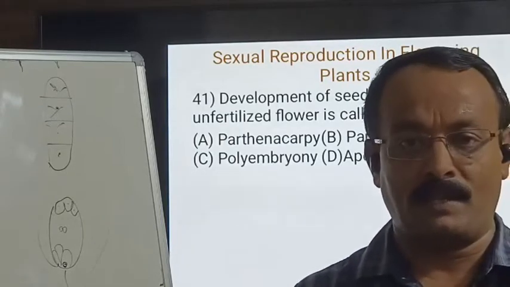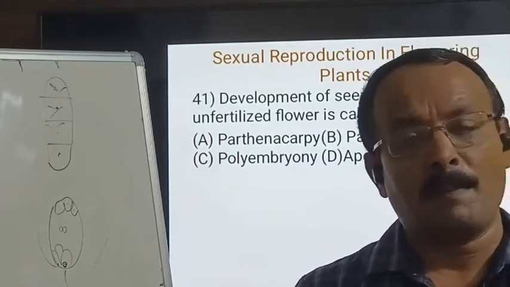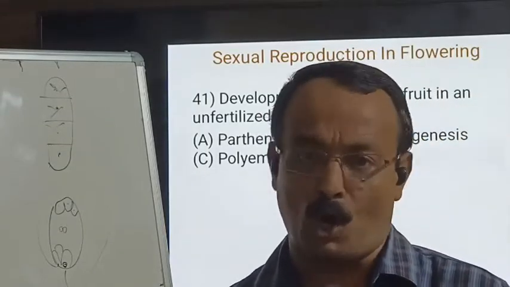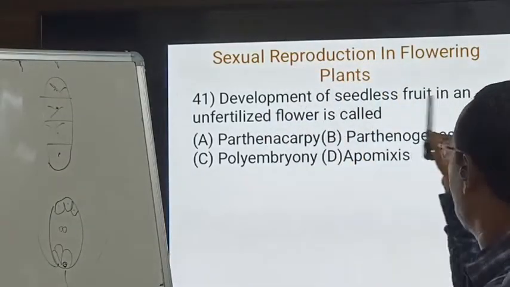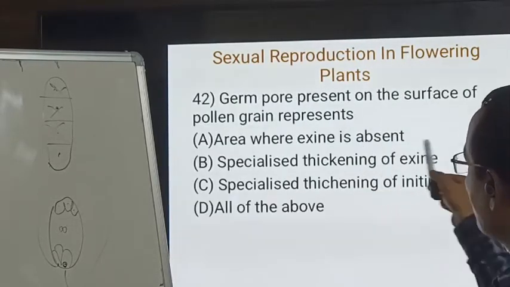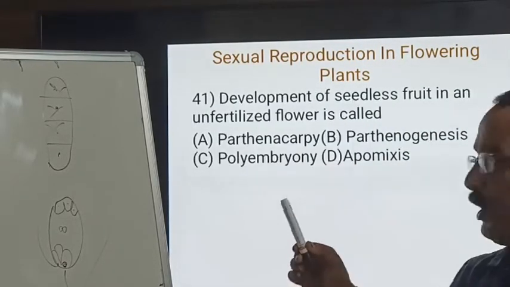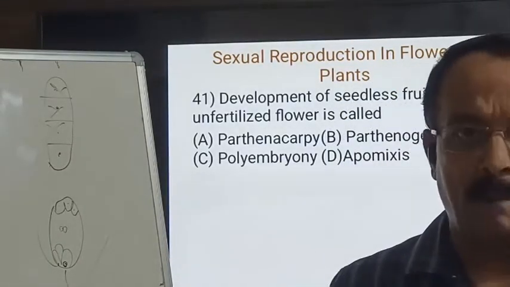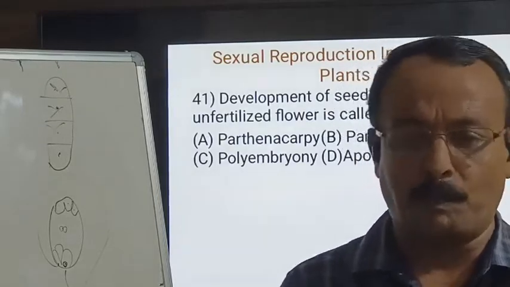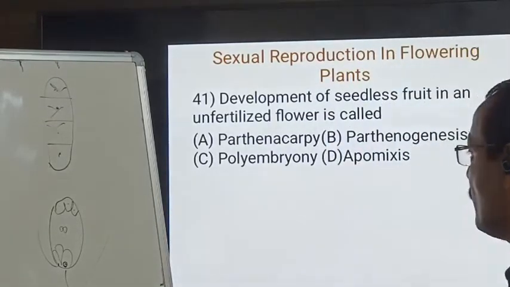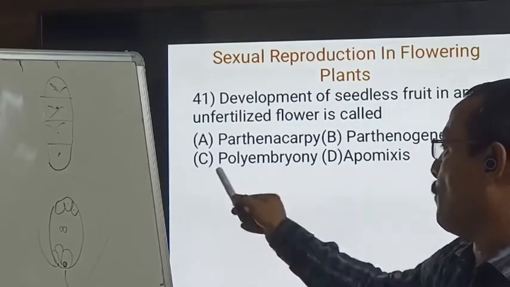And in horticulture, they induce artificial parthenocarpy by using plant growth regulators or phytohormones. So development of seedless fruit in an unfertilized flower is called parthenocarpy. Parthenogenesis, we know, is the development of the female gamete into an offspring without fertilization or without the contact of the male gamete, which takes place in animals.